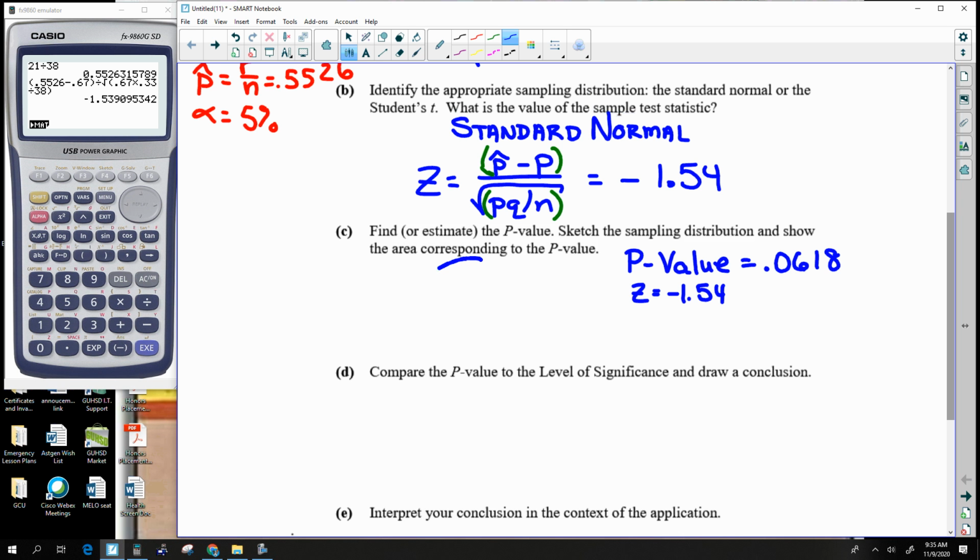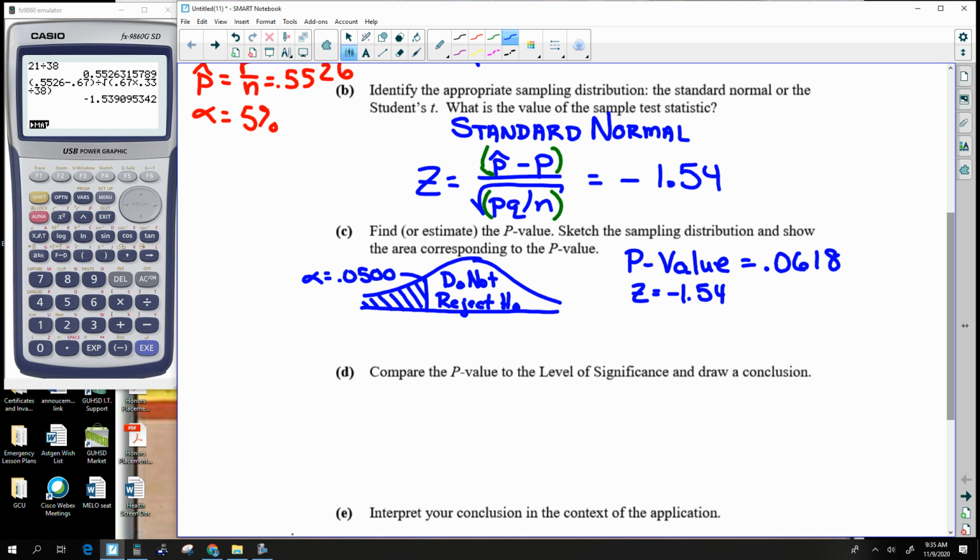So I put this on the table. This is a left tail, so the rejection goes on the left. And that is alpha, and alpha in this situation is 5%.